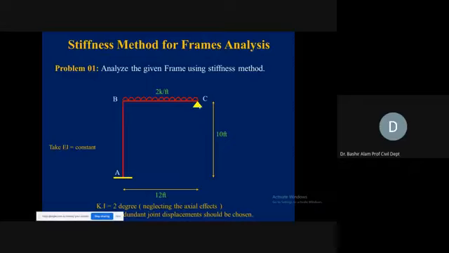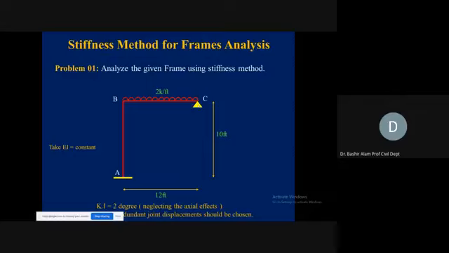At C now, it cannot allow the vertical displacement, it cannot allow the horizontal displacement, but it can allow rotation now. So here we have 1 degree of freedom. So at B we have 3, and at C we have 1. So it is a 4 degree indeterminate problem.